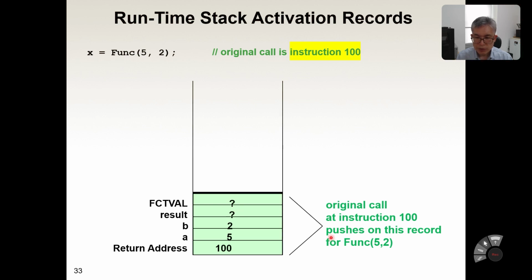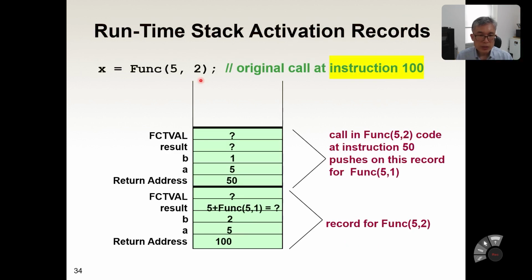So the original function call is func(5, 2), and then we can call recursively, right?